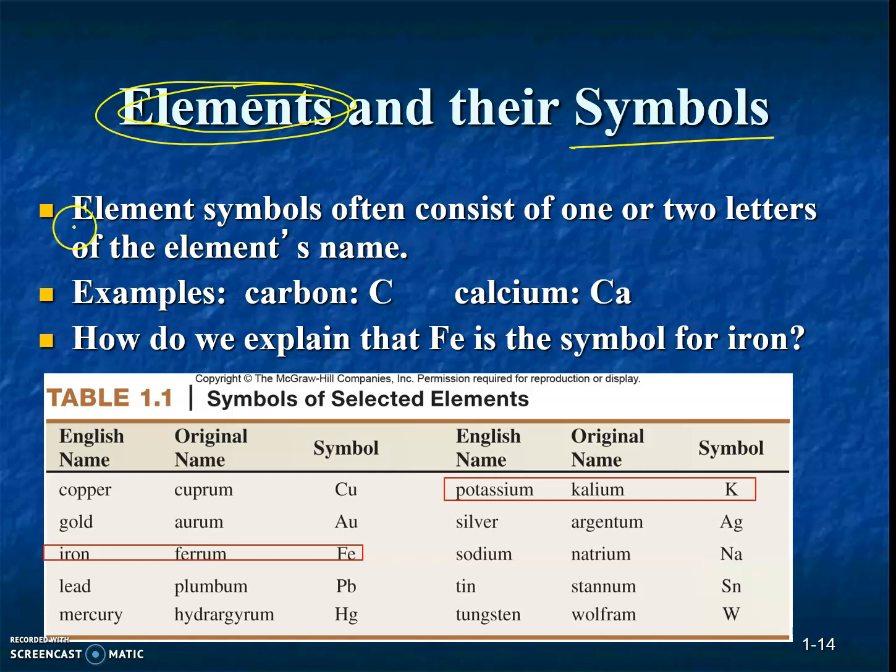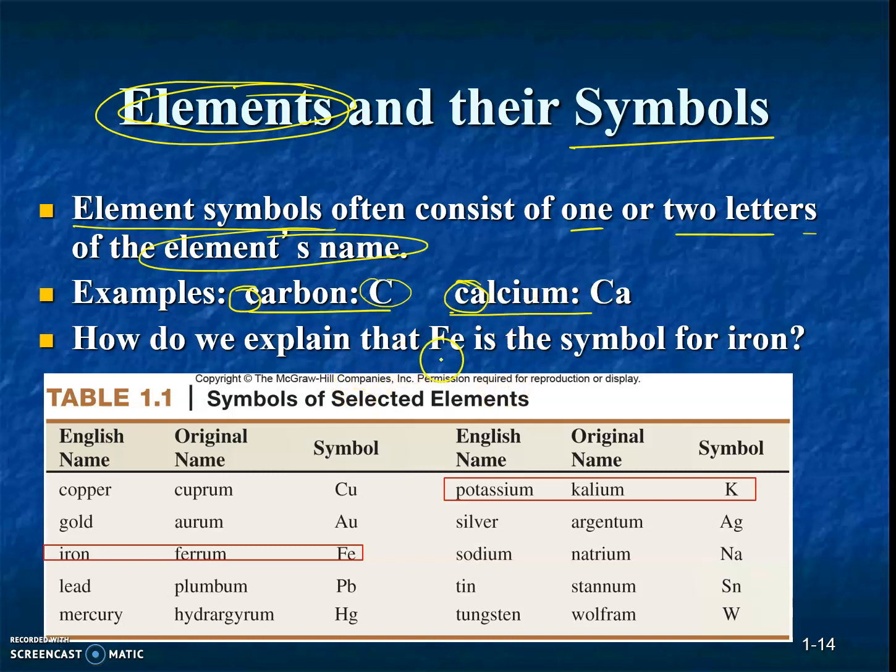Element symbols often consist of one or two letters of the element's name. For example, carbon, the first letter is C, so I use C to represent carbon. For calcium, we are not using C since we already use C for carbon, so we use Ca to represent calcium.